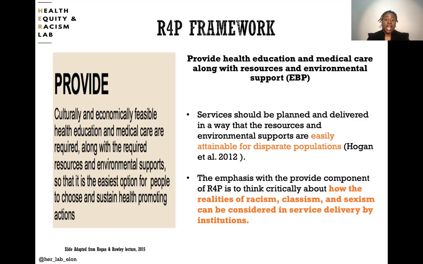The emphasis with the provide component of R4P is to think critically about how the realities of racism, classism, and sexism can be considered in service delivery by institutions. So we create these evidence-based practice programs and care with the context of how the power imbalances of our society might impede certain populations from being able to attain what we're providing.